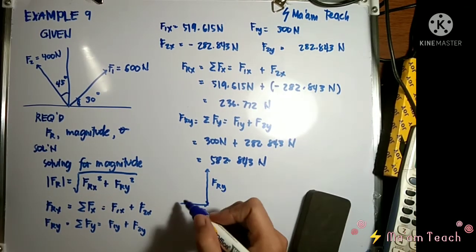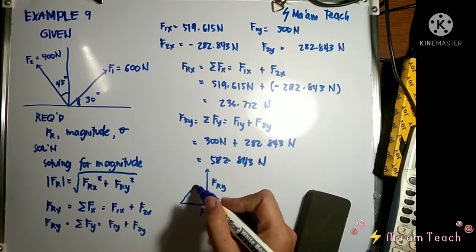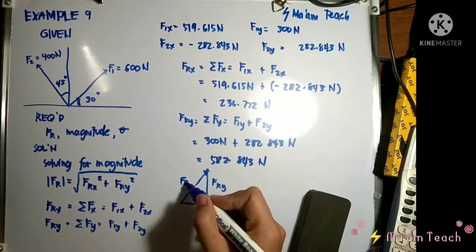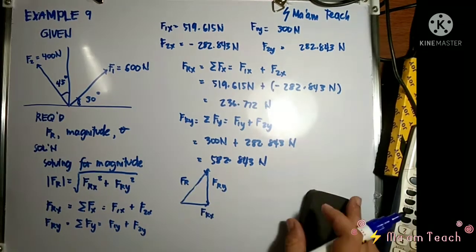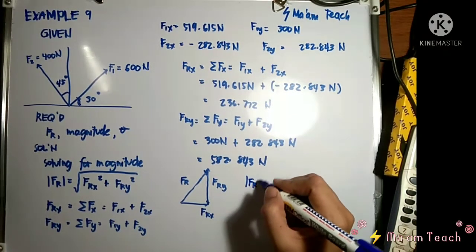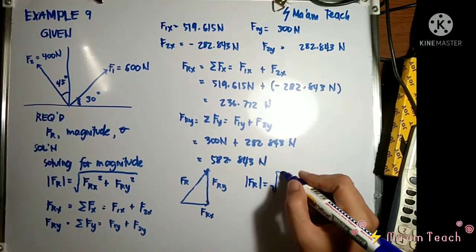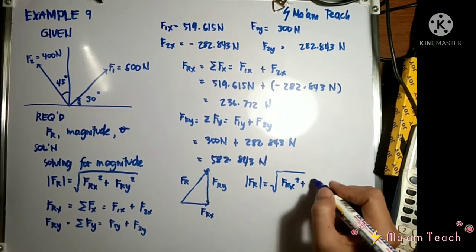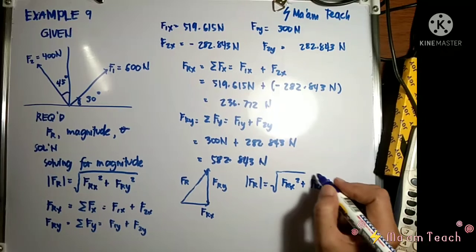So therefore the resultant force is this one. This is our F sub R, and in order to do that, we'll be using the Pythagorean Theorem. So F sub R is simply the square root of FRX squared plus FRY squared.